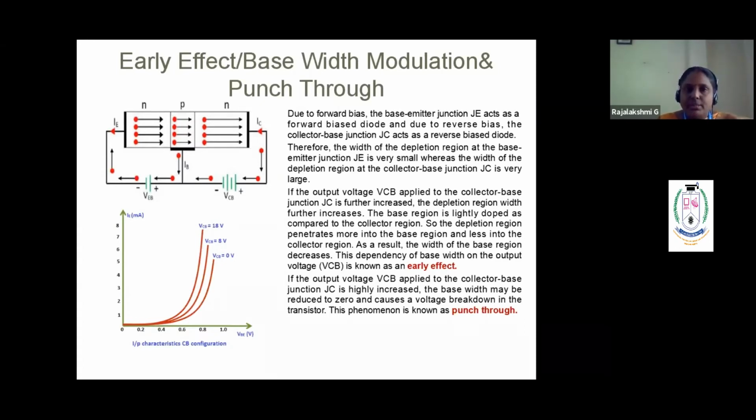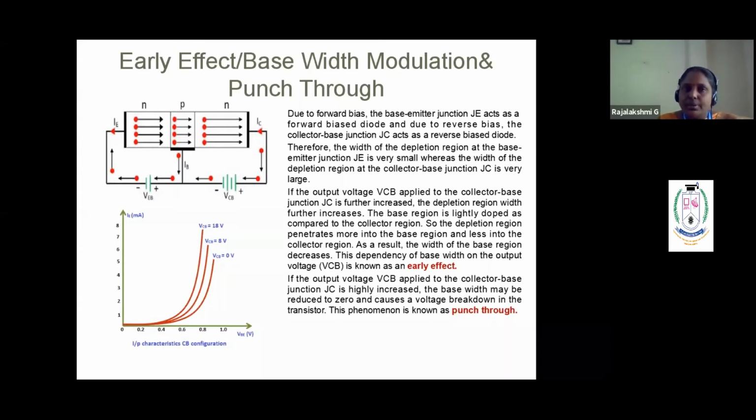Why it happens is that, as I initially told you, the size of the base region is very small compared to the collector region. So when you keep on increasing the collector to base reverse voltage, the depletion layer penetration will be more towards the base rather than the collector.